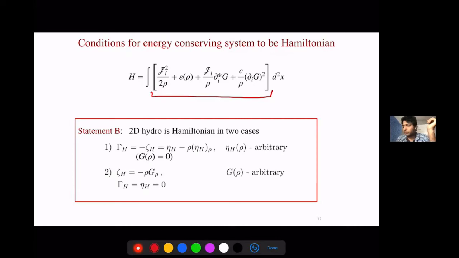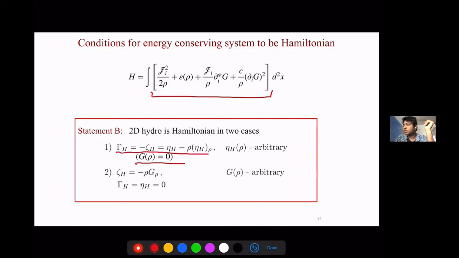Again, this is just the momentum density. In fact, there are constraints. It again splits into two cases. These two cases come from the previous two cases, but there is an additional condition imposed by the conditions for a system to be Hamiltonian. If you overlap the two conditions, you will get two cases under which the conserved energy density would be Hamiltonian. And for case 1 of the conserved energy density, which is the g equal to 0 case, you have this particular condition.